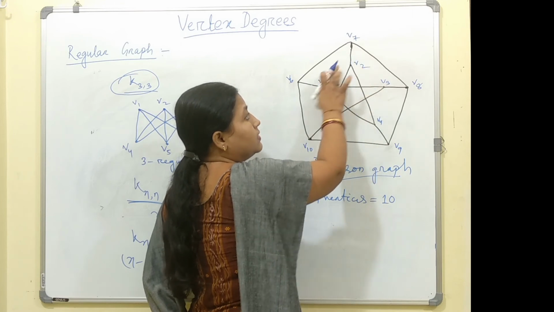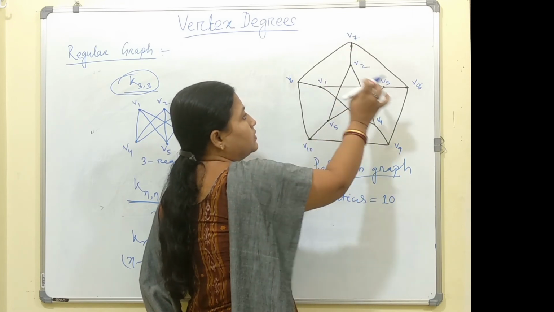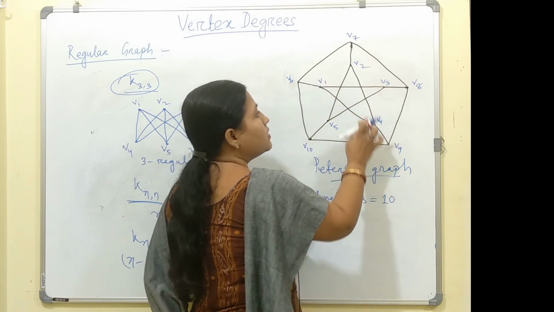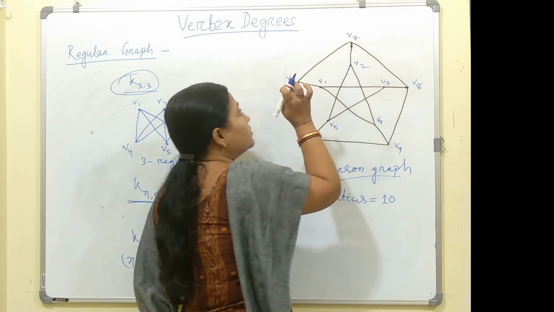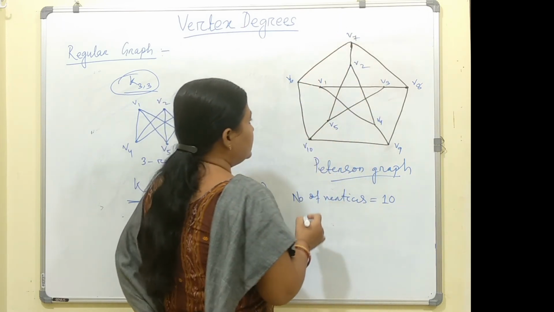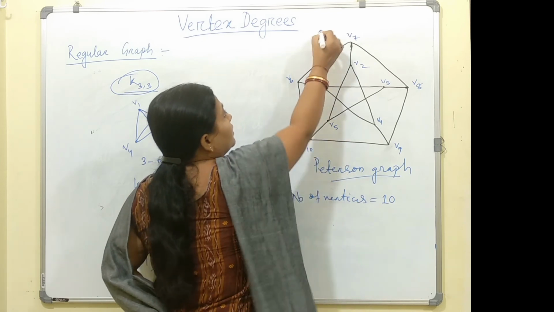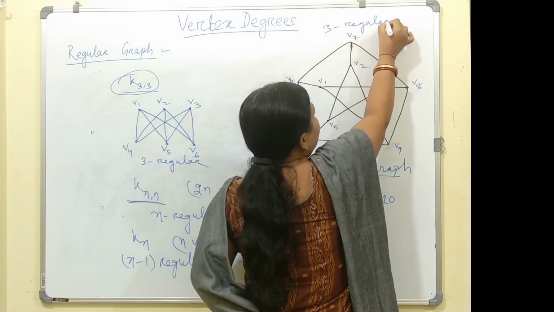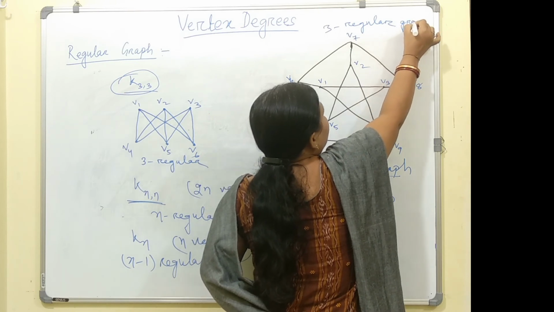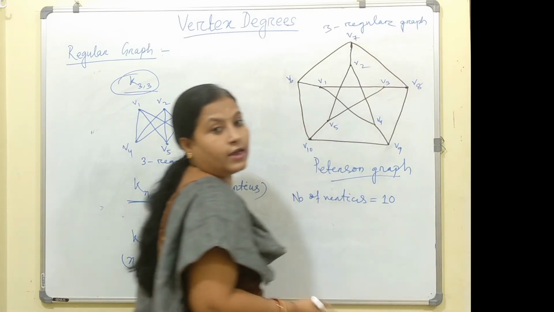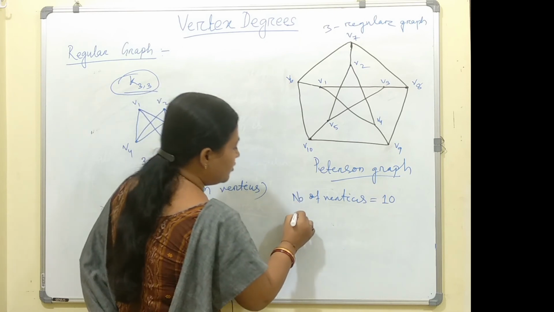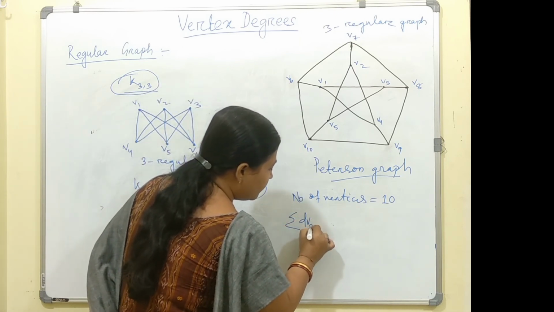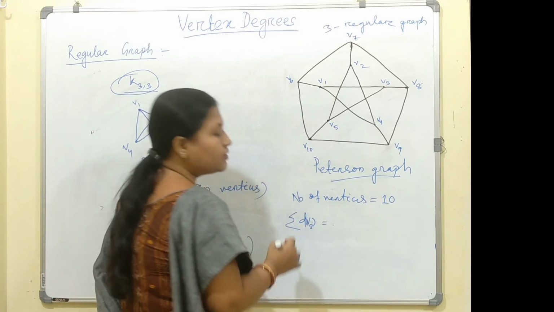Similarly, the degree of V2 is 3, V3 is 3, V7 is also 3. So this is a 3 regular graph, and all the vertices have degree 3.